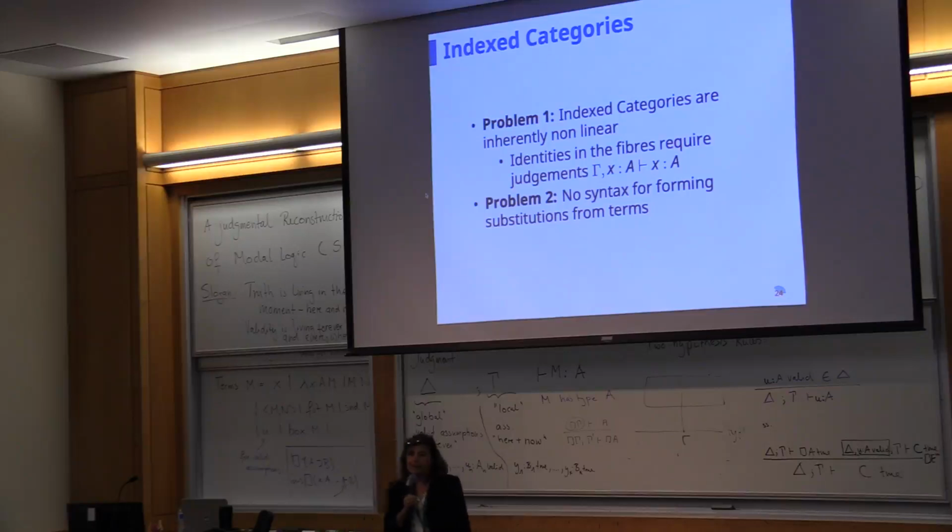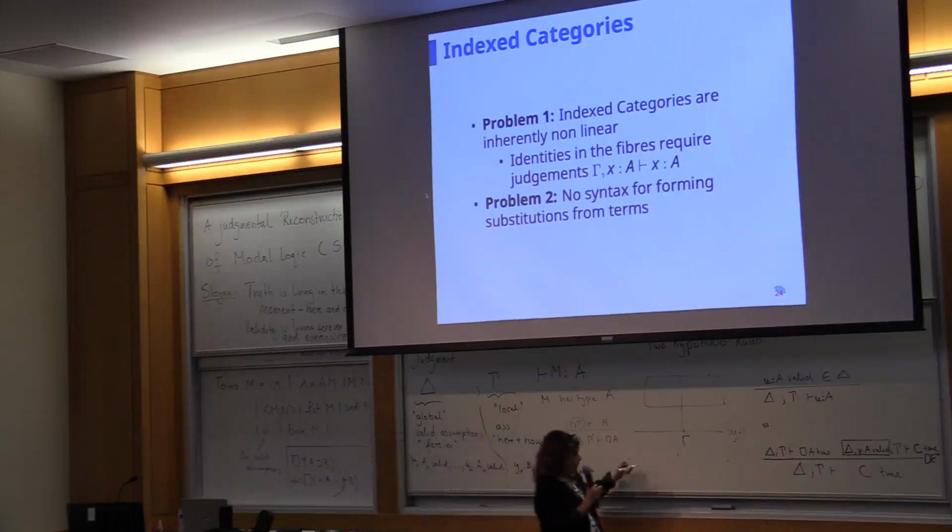Yes, so that's where the linearity bites in, because what you want to do for linear functions is this business of if you have A linear implies B, also A, that will give you the B. But as I say, you cannot project and have this one or this one.